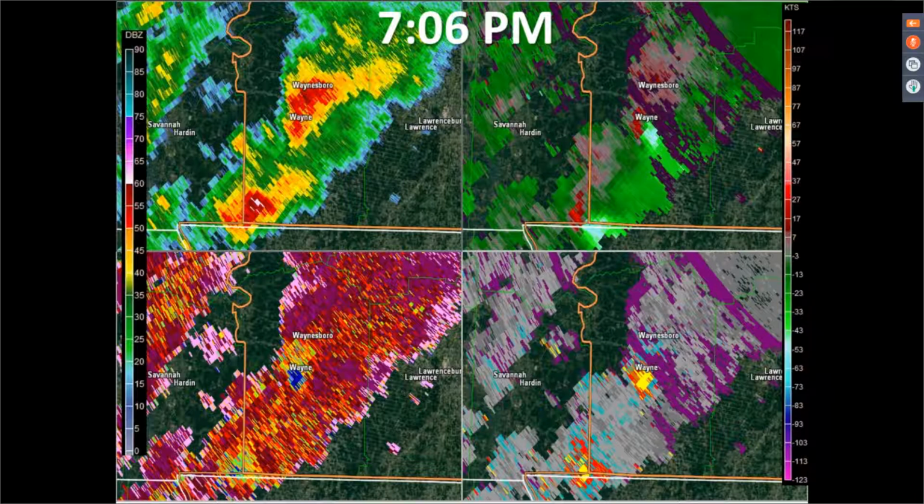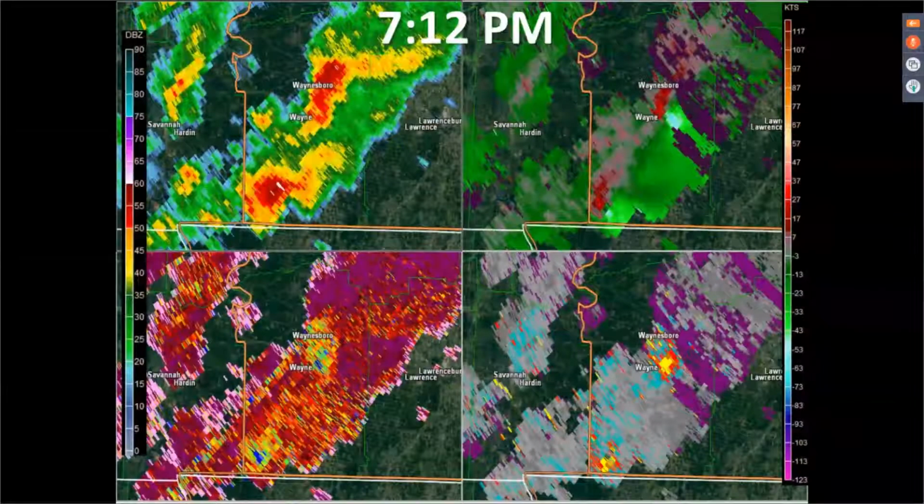So there's probably a tornado in progress going on there south of Waynesboro, and it's lofting a lot of tornado debris in the atmosphere. So if you were a NWS forecaster on radar, you could put into your tornado warning at this time, this is a confirmed tornado based on radar, likely damaging tornado going on there south of Waynesboro.